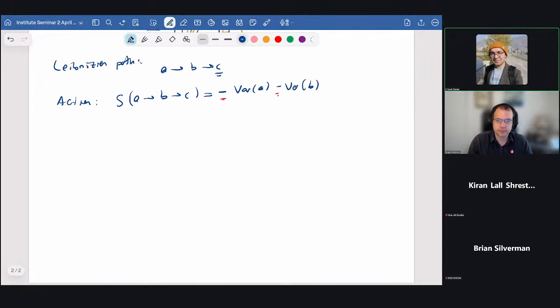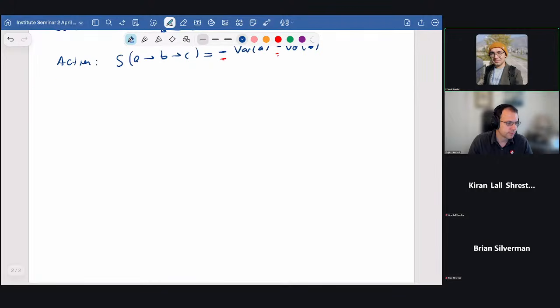Let me check my notes. In order to define the transition amplitude between strings, we employ a variant of Feynman's path integral in the form of a path sum.